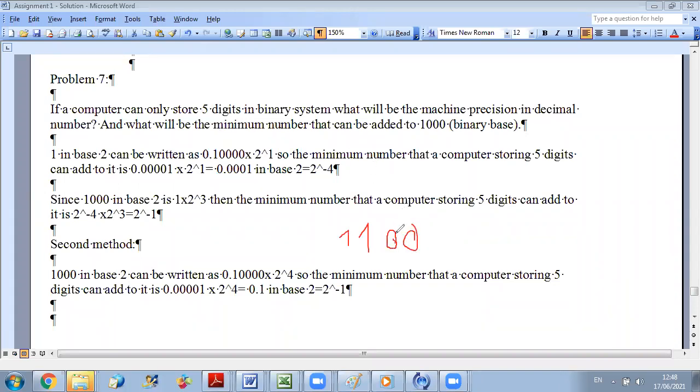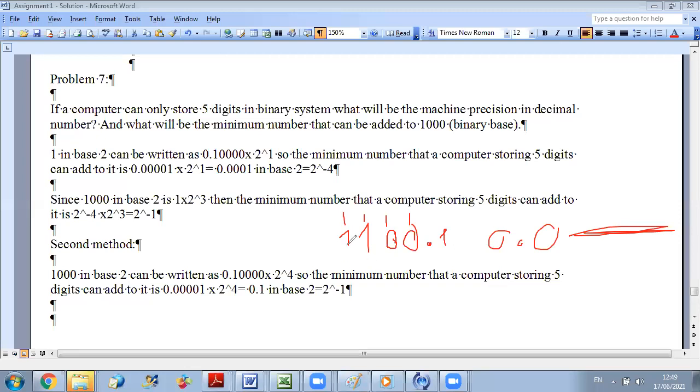The number I gave you already has 4 digits, 1 2 3 4, so I am already forced to reserve 4 digits. If I want to add something very small, it cannot be smaller than 0.1, because if I make it smaller, consider that you are adding 0.0 something, whatever is after here, the computer cannot read it.